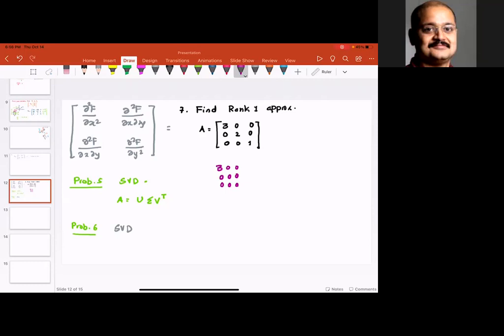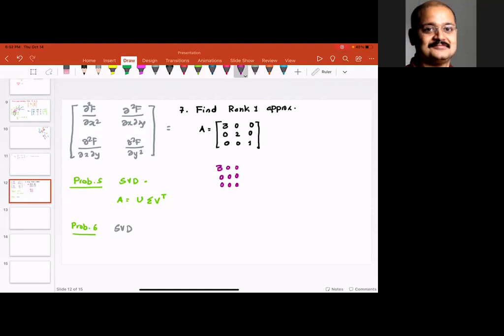Now you want to do a rank 1 approximation. You can use the smart technique our friend used. You can do the SVD, singular value decomposition. What does singular value decomposition do? It finds the columns and rows and their respective weights.